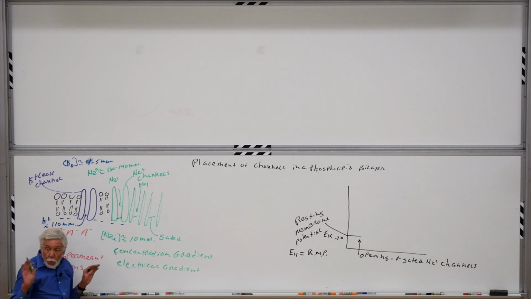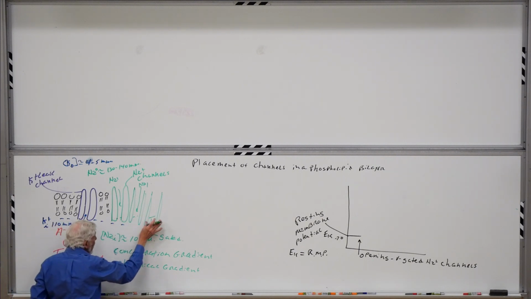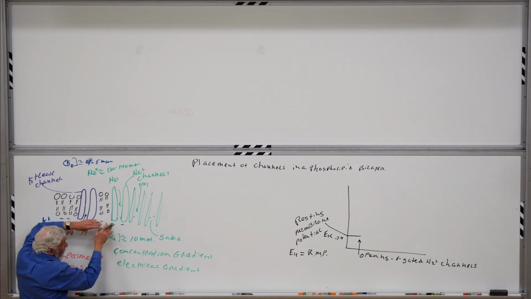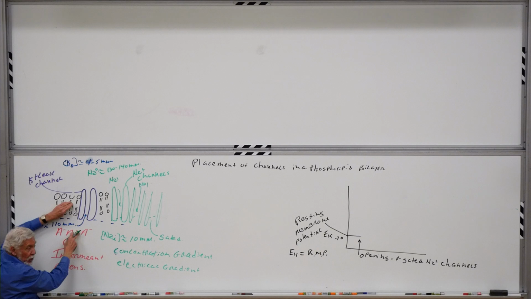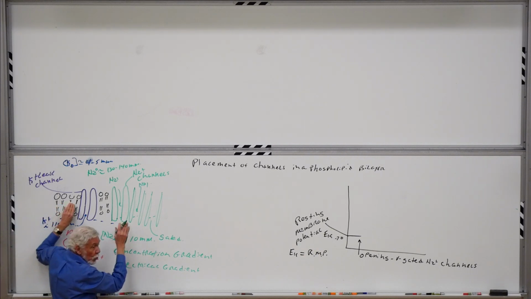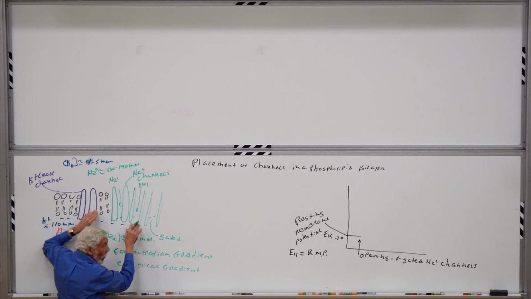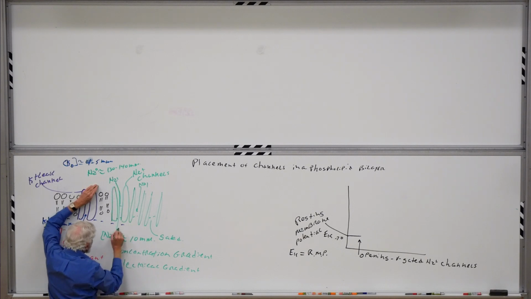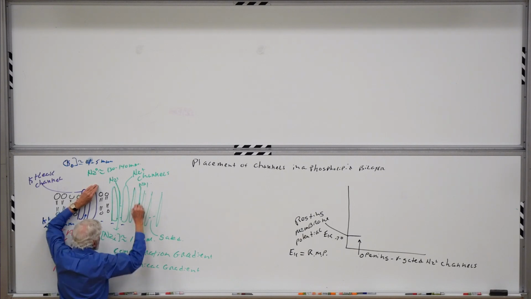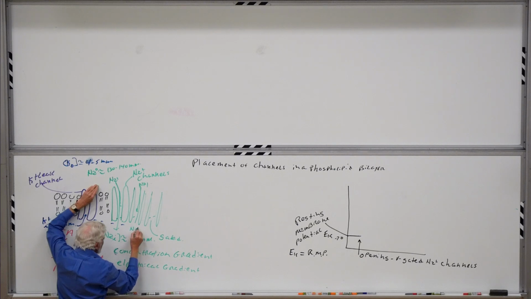Now magically we're going to open them. And when these channels open, now maybe 1,000 times as many sodium channels will be open as potassium leak channels. So now the predominant permeability is to sodium. We now have open pathways across the membrane such that sodium can easily come down its concentration and electrical gradients and come into the cell.